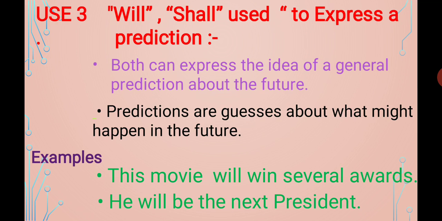It is also an action that may happen in the future. It is not already done, it is not happening at this time, but it will happen in the future. These are the rules for places where we use will and shall.